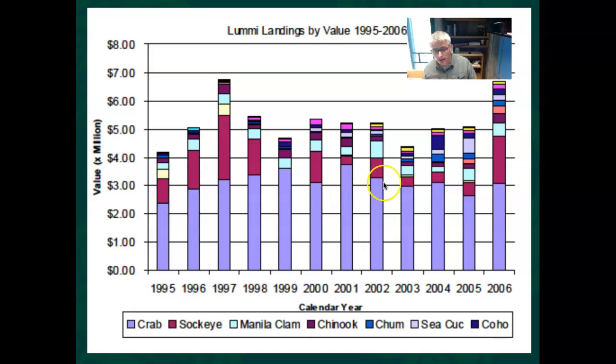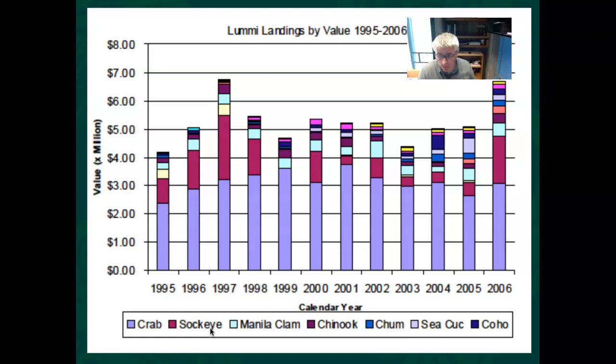Like you can see here, Chinook can be good sometimes, sockeye, when they're abundant, there's a fair amount of money in it, but as salmon populations decline, those numbers are going to continue to decline. And really, what you think of as the major treaty fisheries, salmon really aren't the most economically important fisheries.